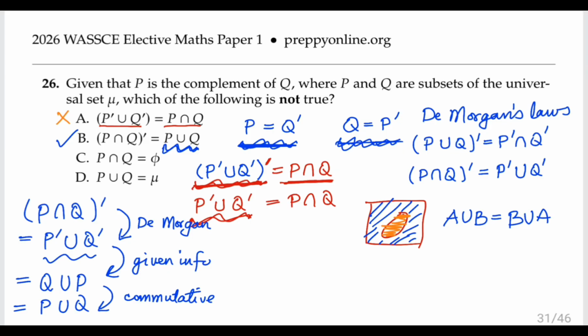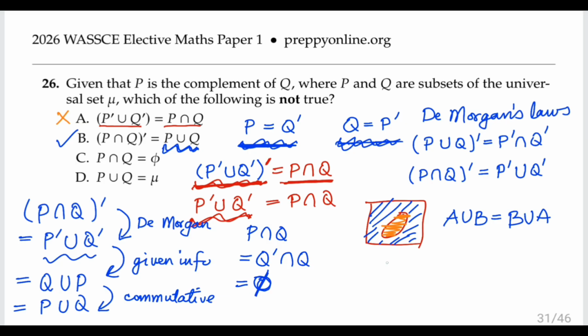All right, let's look at C. P intersect Q is empty, or the empty set. Well, we are given that P is equal to Q complement. So if we now replace P with Q complement, we have Q complement intersect Q. And indeed, the intersection of a set and its complement is the empty set by definition.